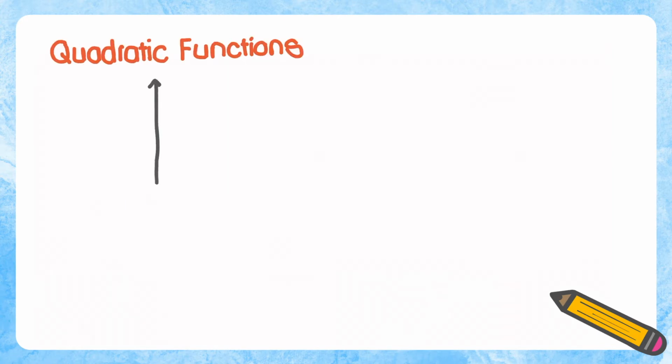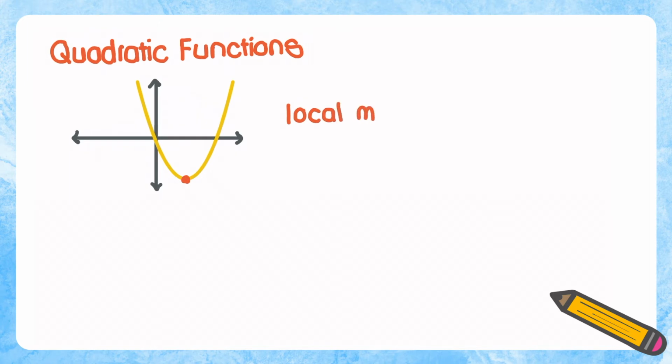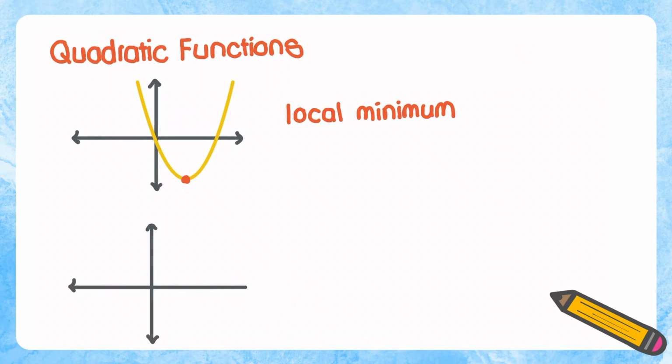What about quadratic functions? So what about parabolas? So let me sketch one like this here. Notice at this point, there is a local minimum. And then also, what if I sketch a parabola that's reflected?